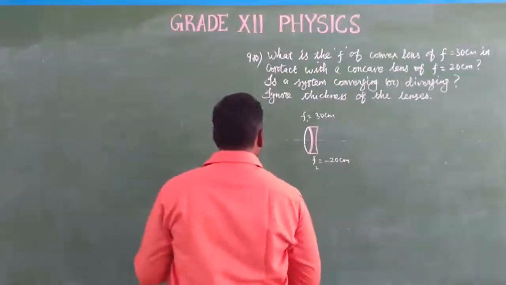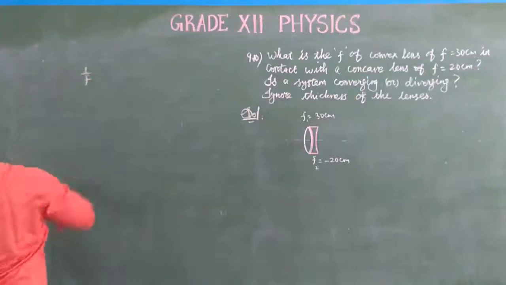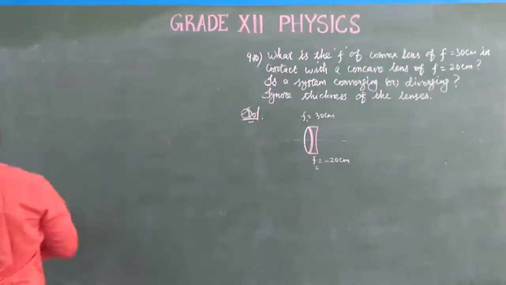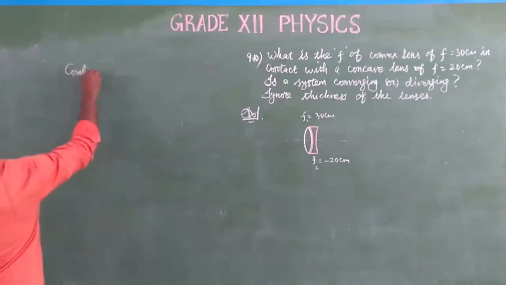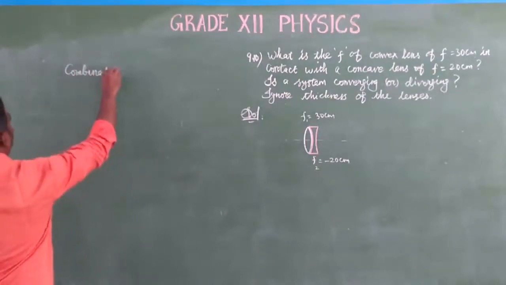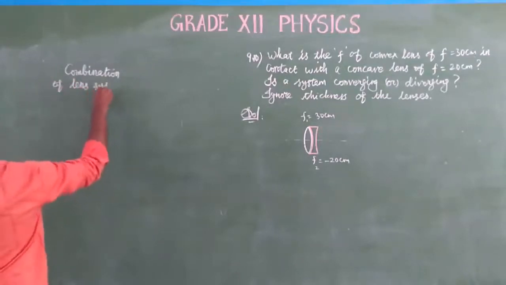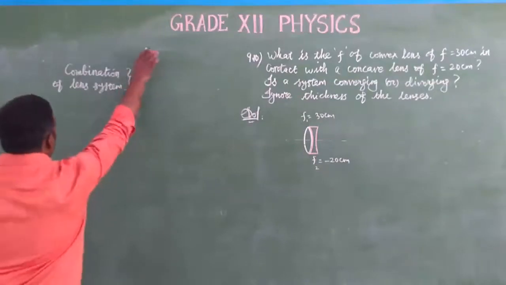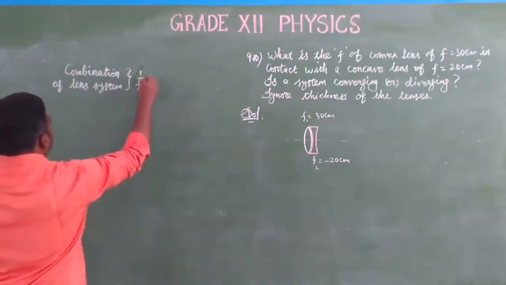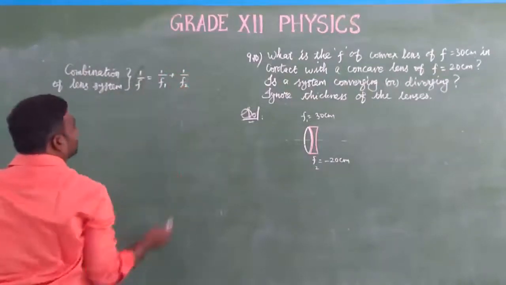We already know the formula for the combination of the lens system: 1 by f is equal to 1 by f1 plus 1 by f2.